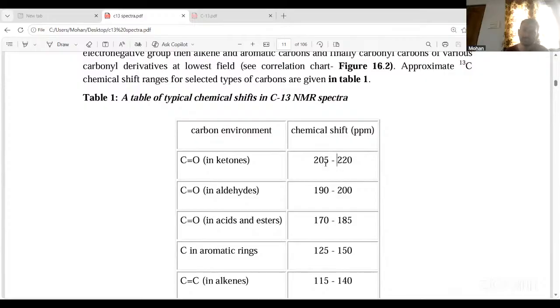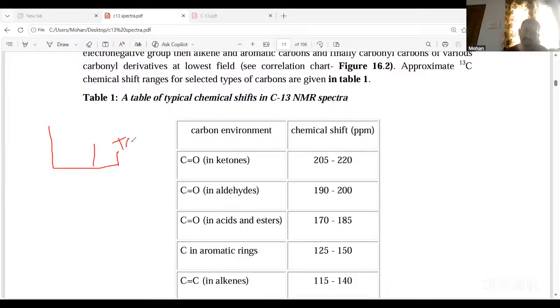All spectra are drawn as a two-dimensional graph, so we have only two coordinates, x and y. On the x coordinate, we take the chemical shift values, beginning from TMS.